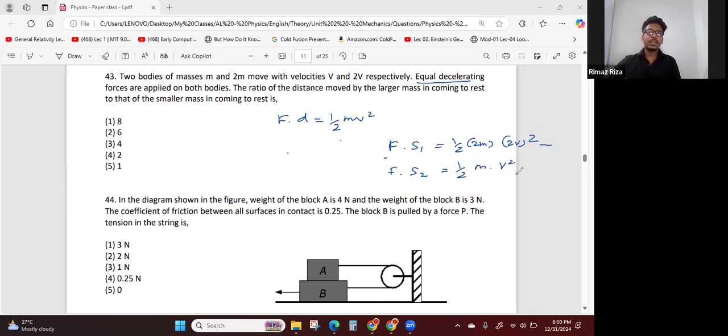I take this as equation 1 and this as equation 2, and divide these two. So F and F cancel, half cancels, v squared cancels, m and m cancel. So here you get 2 squared is 4, 4 into 2 is 8. So S1 over S2 is equal to 8. This way you can quickly get the answer, which is 8, the ratio.